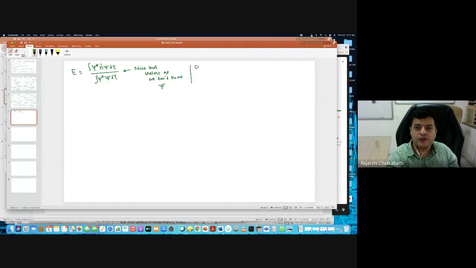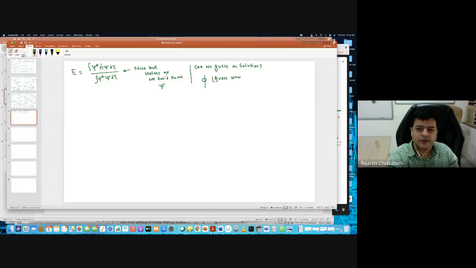Can we guess a solution? So let us guess a solution. Say this is phi, your guess wave function. This is called a guess wave function.